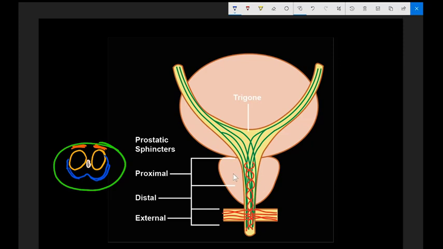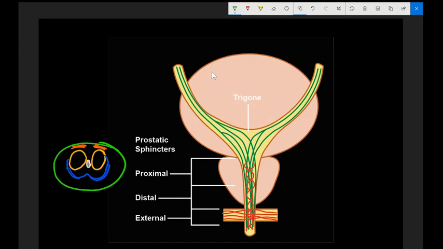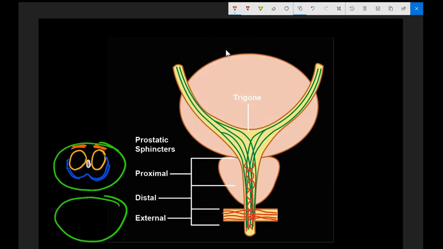Now let's go to the mid-level of the gland, and I'm going to draw that again, but I'm going to keep my other diagram up intentionally so you can make a comparison. And now it's virtually identical, except that the anterior fibromuscular stroma tends to coalesce more as sort of one structure as you go down a little bit. They kind of bleed into each other.